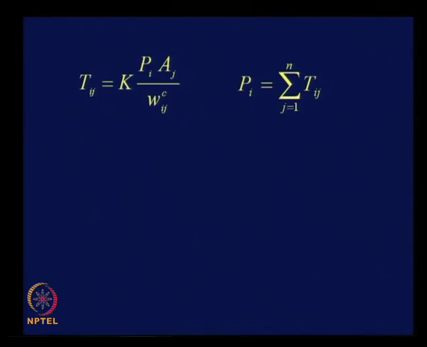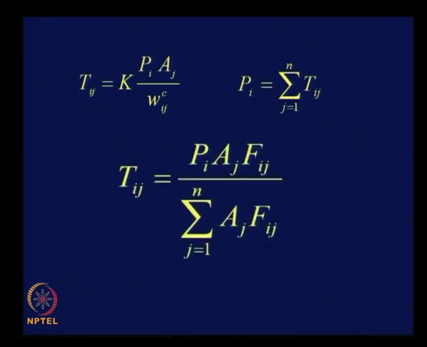Since we know Pi is equal to sigma j equals 1 to n Tij, we introduce this constraint into this basic equation and finally obtained this formulation of gravity model. Tij is Pi Aj Fij divided by sigma j equals 1 to n Aj Fij.